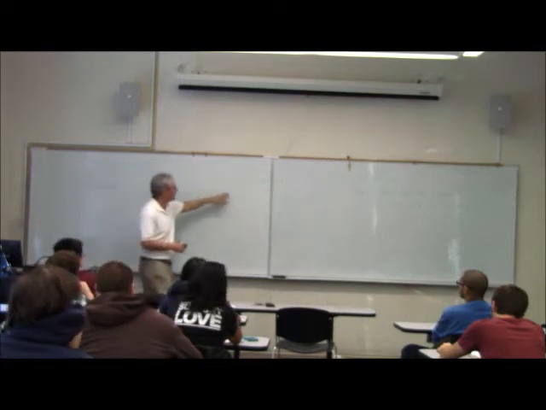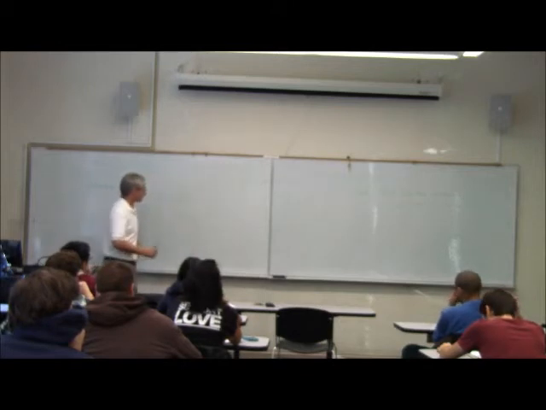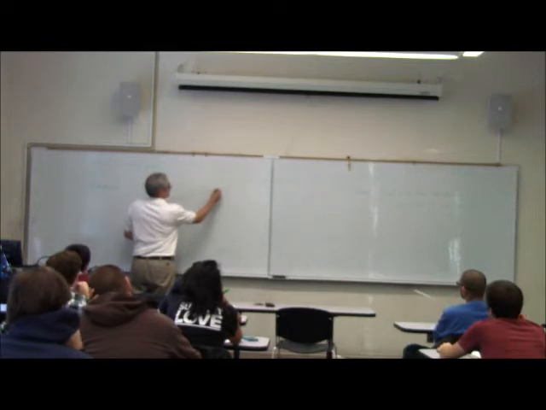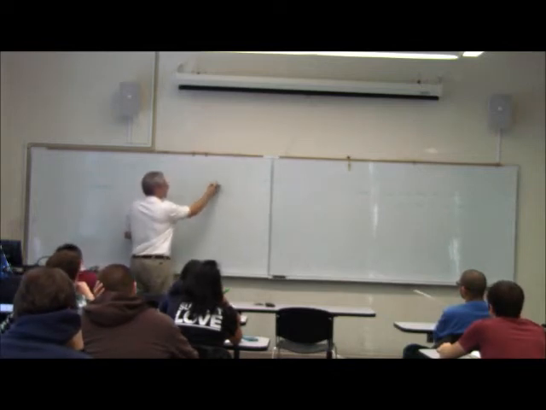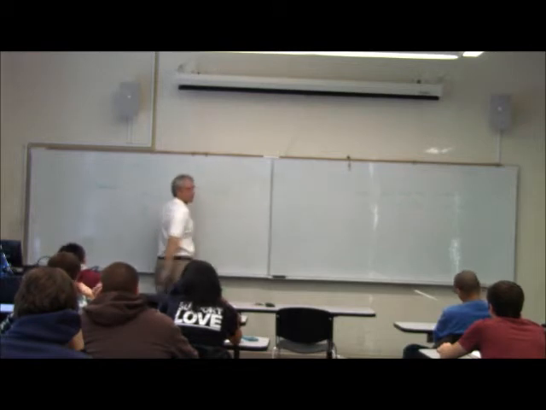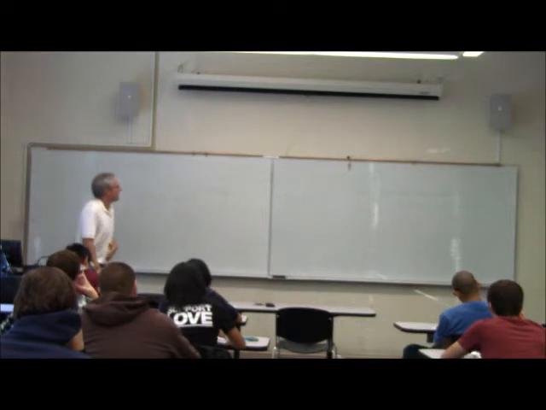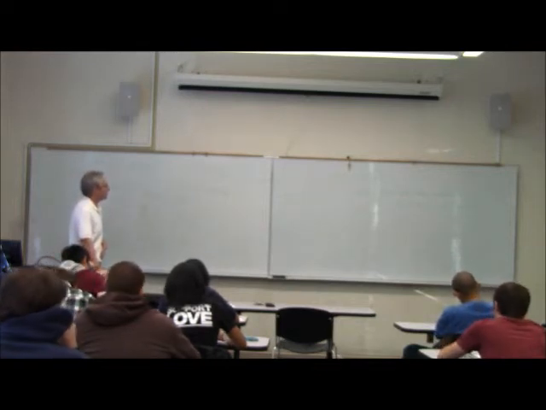Why would we want to minimize this kind of cost functional? This we call a functional. It's not really a function anymore because we've integrated out all of the variables, but it's still something that we want to minimize.